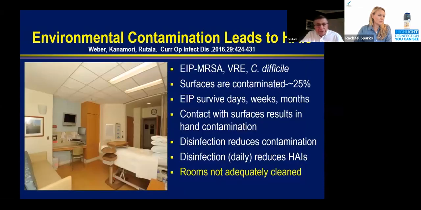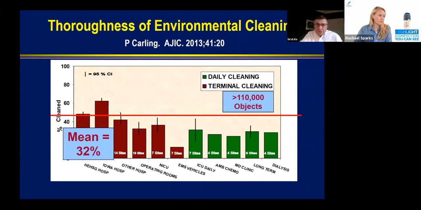Now, the problem, or at least one problem, is that rooms are not adequately cleaned and disinfected. There have been a number of studies which have shown that either at discharge or terminal clean, as well as daily cleaning, we have suboptimal thoroughness of cleaning the environmental surfaces.